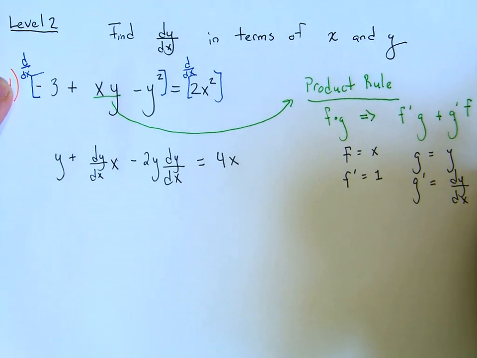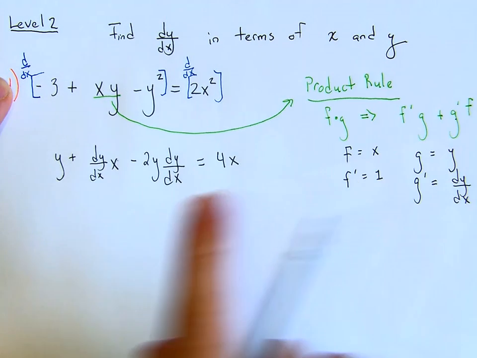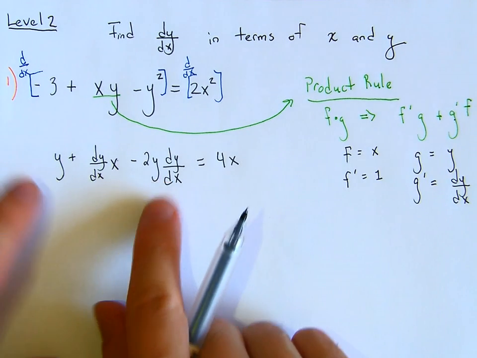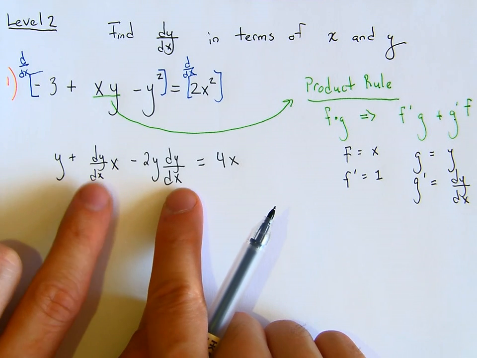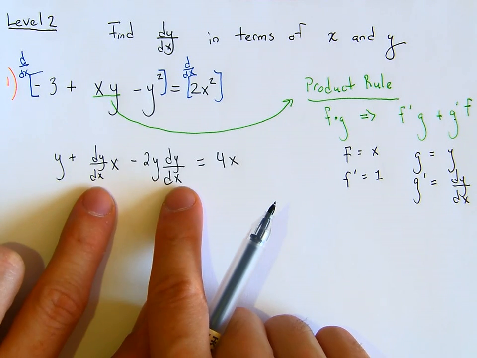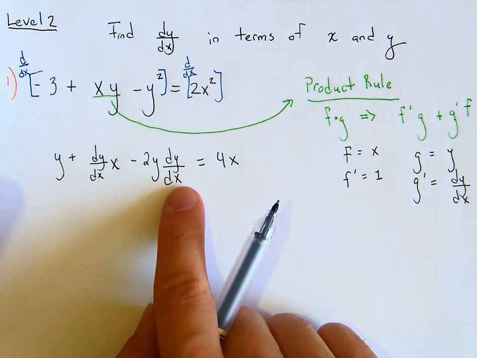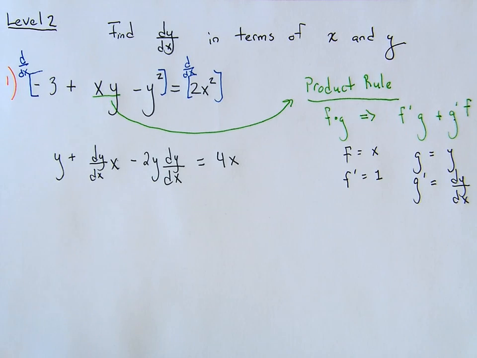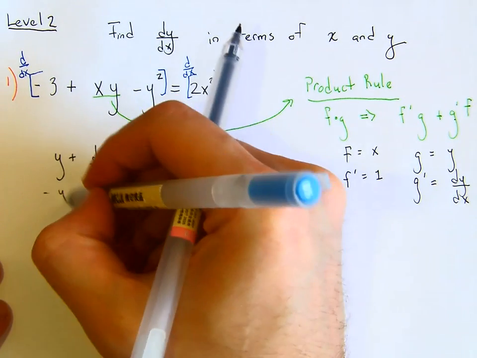Okay. Now once we get to this point, what do we want to do? We want to get the dy dx's by itself so we can factor out a dy dx. So to do that, we're going to subtract y.